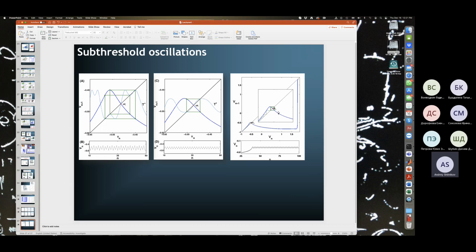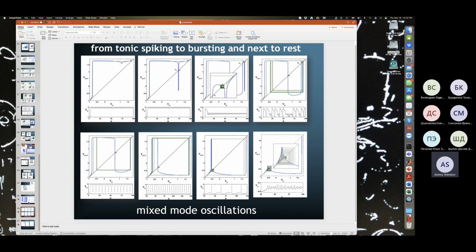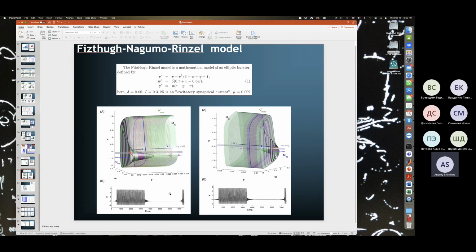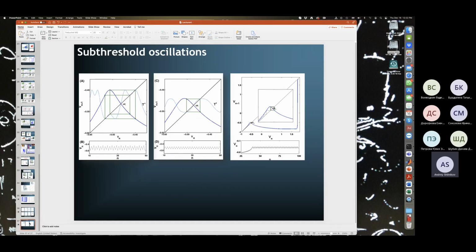And then you have this period doubling cascade if you move backwards: orbit of period 1, orbit of period 2, 4, 16, and then back to chaos. And that means that in this case you have chaotic subthreshold oscillations, and then after that you get large spikes.